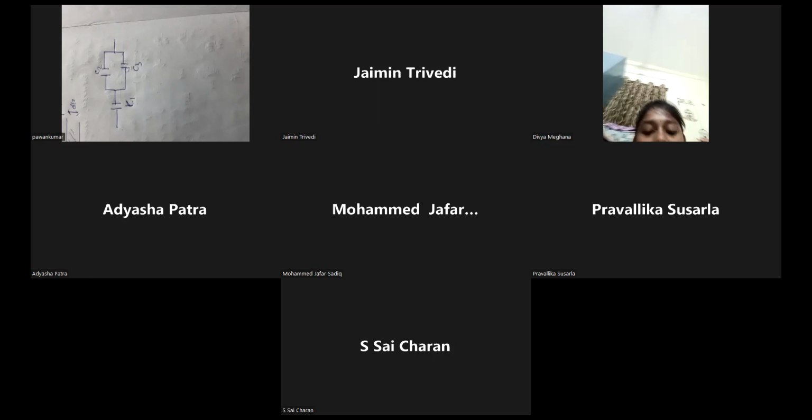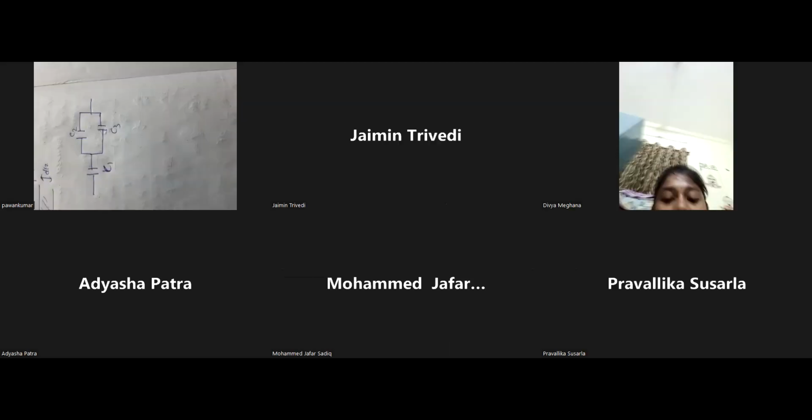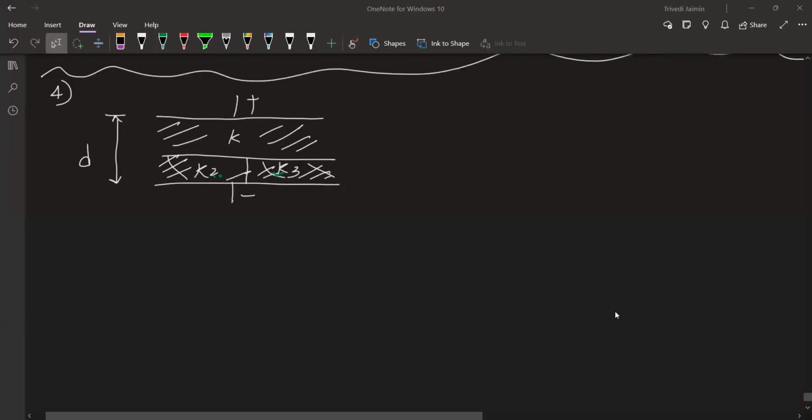Pravalika, are you there with us? No? Okay. See, first one, when we are coming from here, we are getting one capacitor. Then we are getting one capacitor in combination, which are like this.